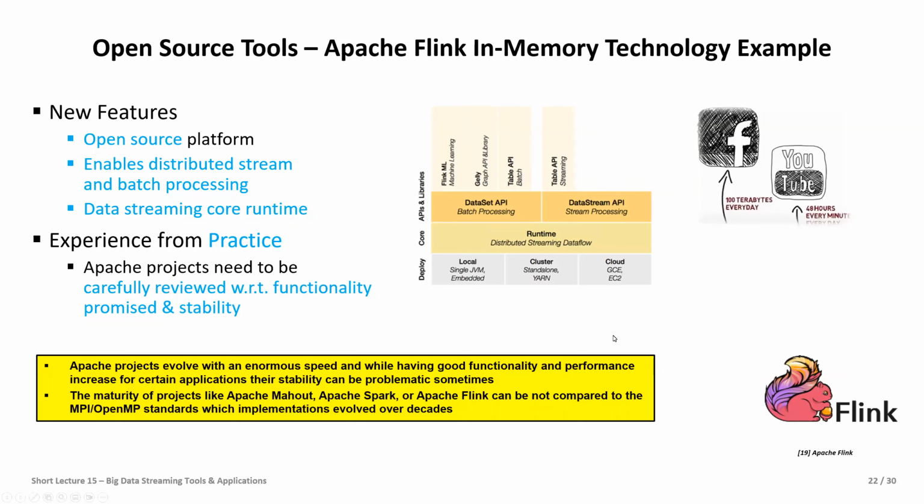And with more and more data growing, with 100 terabytes every day, 48 hours of video every minute with YouTube, we are going to a future where we have no real chance to store all the information. So looking at the streams in real time within fast in-memory technologies is very important.